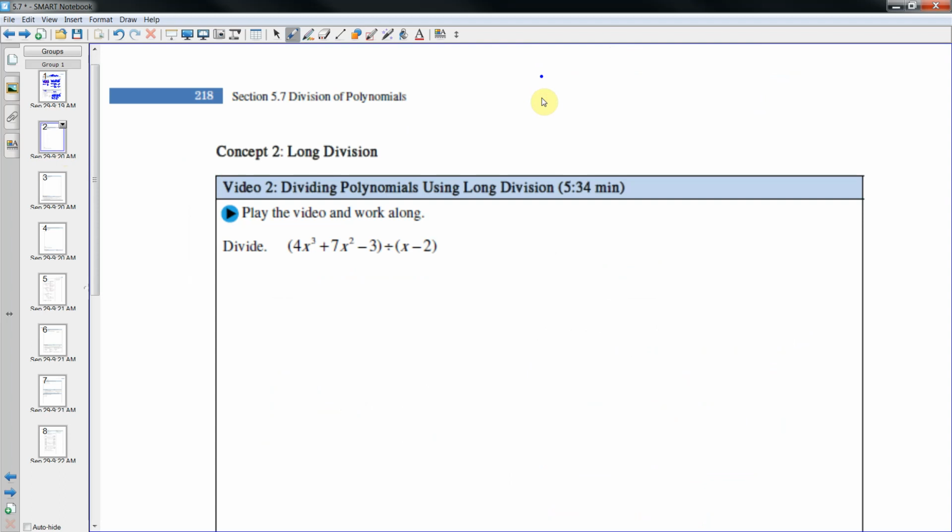Okay, so now the next kind we can have are long division problems. And in long division problems, here's some things you need to know. First of all, this is dividing by a binomial, and it could be bigger than a binomial, so you're dividing by a polynomial.